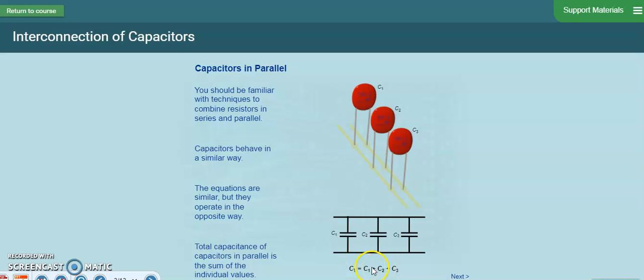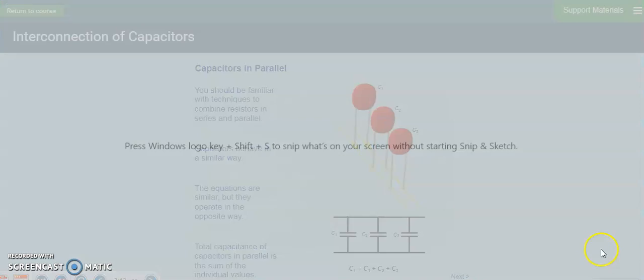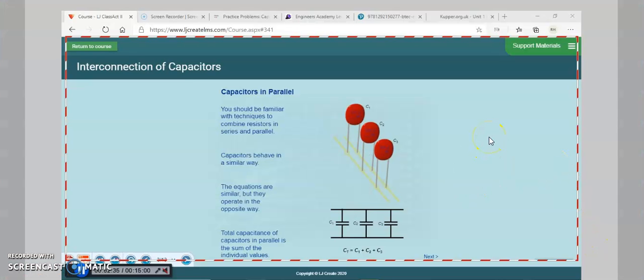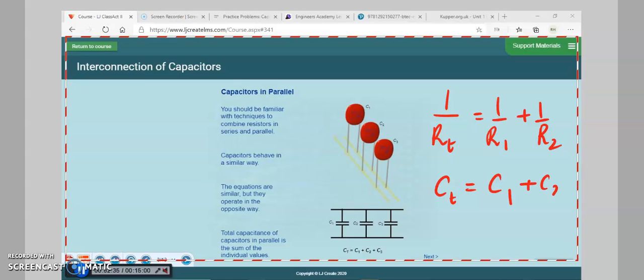For resistors in parallel, the formula was 1 divided by R total is equal to 1 divided by R1 plus 1 divided by R2 if there were two resistors. But for capacitors in parallel, it's just going to be the opposite: total capacitance is going to be capacitance 1 plus capacitance 2.